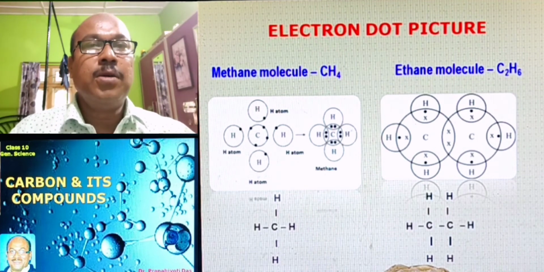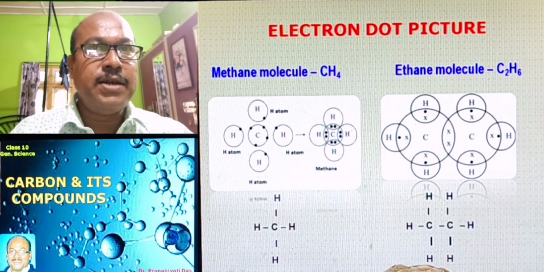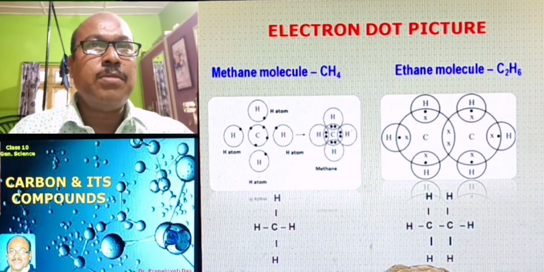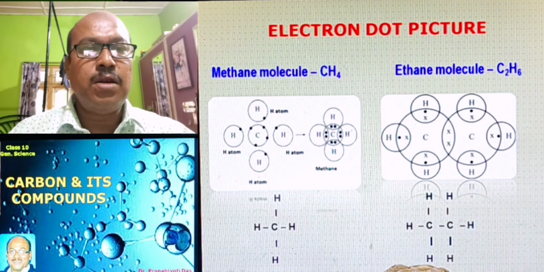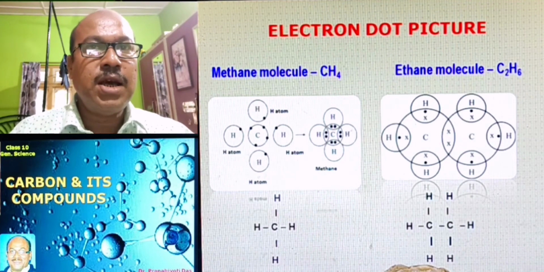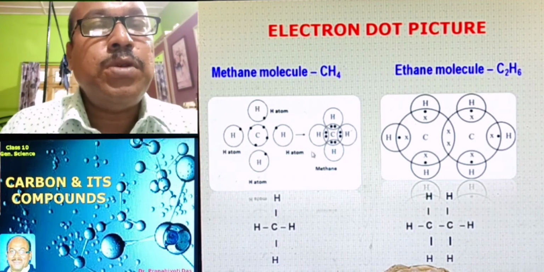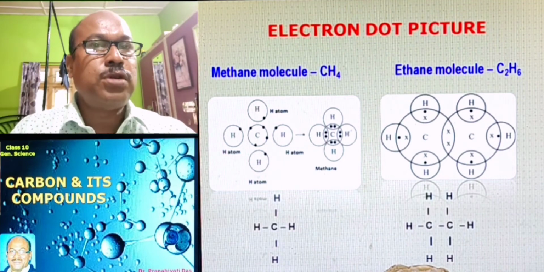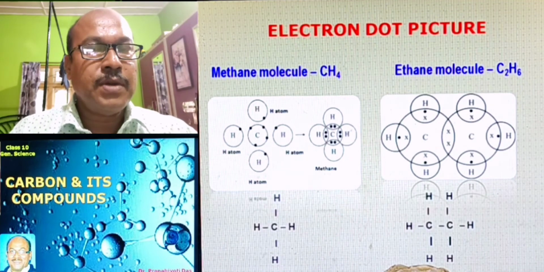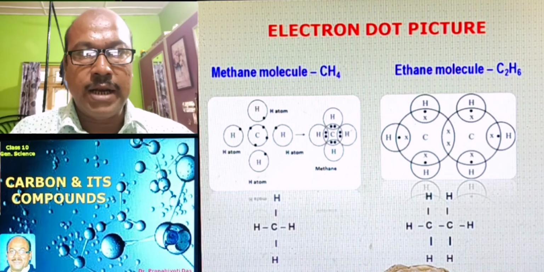But how this covalent bond is formed, to understand it we need to learn something about the electron dot picture. This you have also learned in class 9, so we are not going to discuss much about this. However, we are just representing it. Electron dot picture means we will depict only the number of electrons present in the outermost orbit of an element or atom. Suppose oxygen, its atomic number is 8, meaning it definitely has 8 protons as well as 8 electrons.